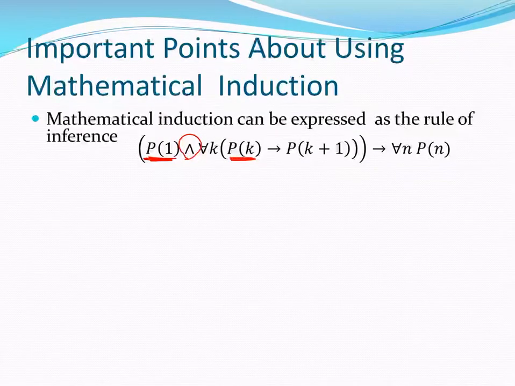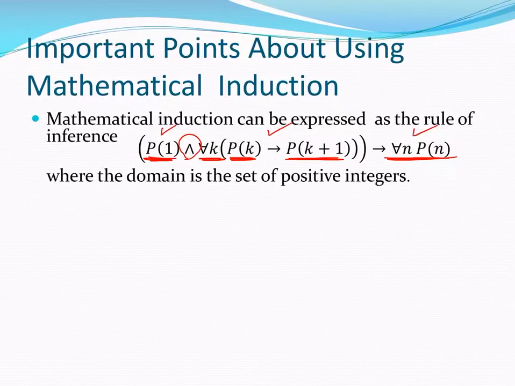Here's the inductive hypothesis, P(k). And if P(k) implies P(k+1) for all k, then for every n, P(n) will be true. So there's the basis step, there's the inductive step, and when we complete those, by implication, the statement will have been proven true for all positive integers n.